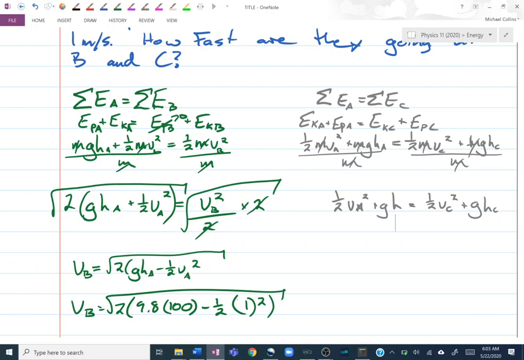I'm looking for the velocity at C, so I have a half v_A squared plus g h_A minus g h_C is equal to a half v_C squared.